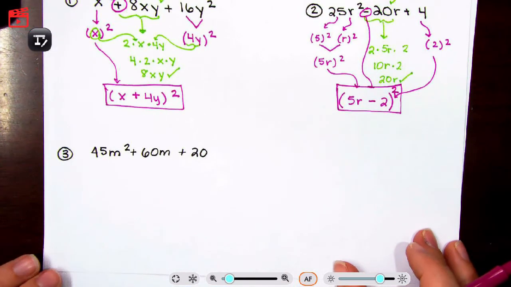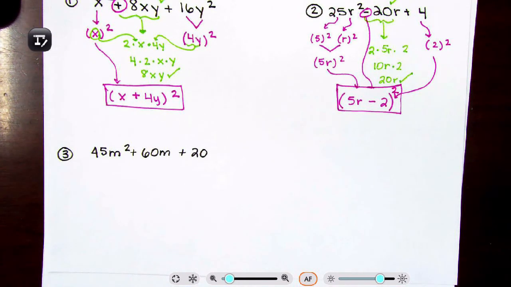Let's do that one more time. 45, 60, and 20. I'm not noticing any perfect squares. 45 is definitely not a perfect square. 20 is definitely not a perfect square. So I'm thinking maybe GCF. What can I pull out of all of this? So I'm thinking maybe 5, because I have 45 and 20.